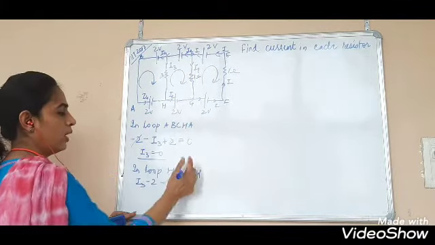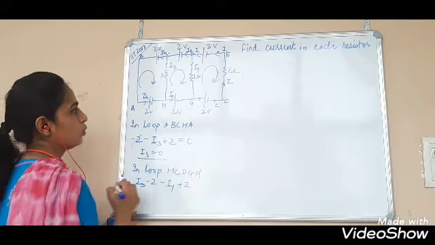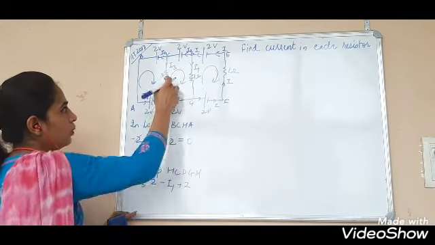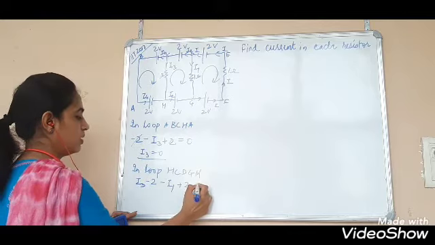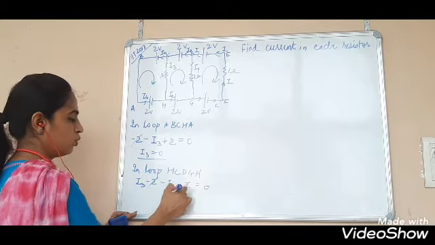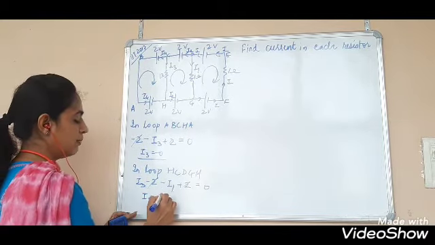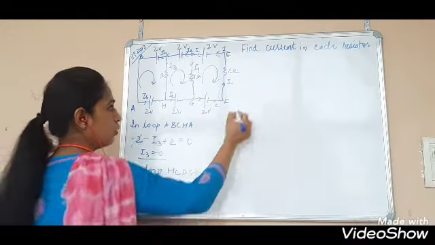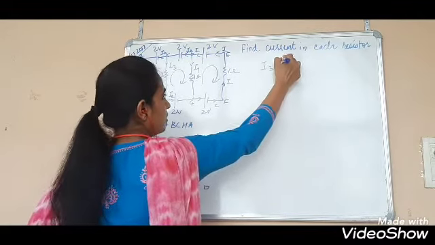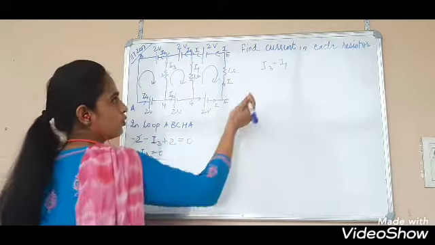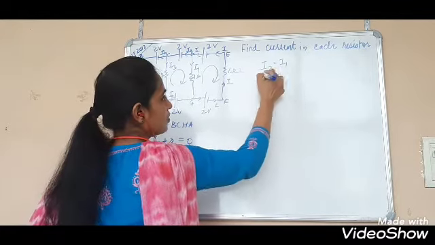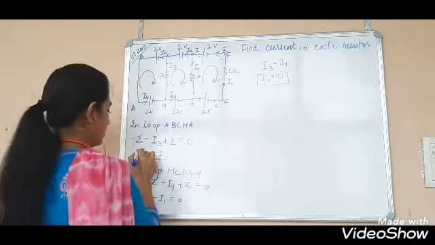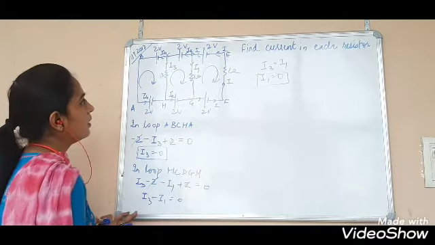Then lower to higher, so +2, gain. So I3 minus I1 is equal to 0, or I3 equals I1, and I3 is equal to 0, so I1 is equal to 0. Oh, great. You got two currents.